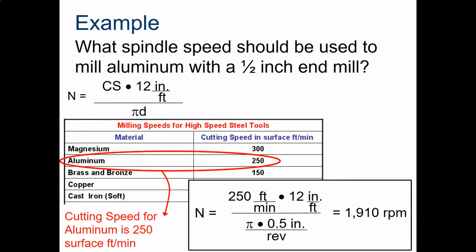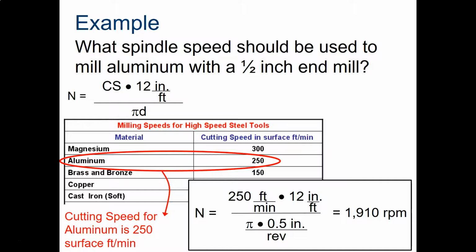Rounding down results in a more conservative spindle speed. The difference, however, between 1,910 RPMs and using the pi function on a calculator and getting 1,009 RPMs is negligible.